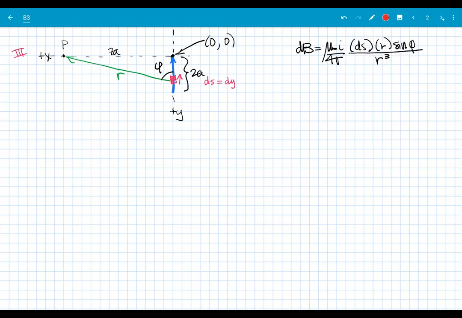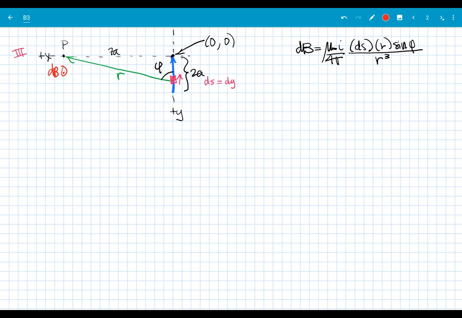So you can say ds crossed with R and do the right-hand rule that way, and that will give you your dB as out of the page. So in this particular problem, the segments either don't contribute or they do contribute in exactly the same direction. It's not always that way. Sometimes you have segments that contribute in opposite directions, and so you need to give them opposite signs in the solution. So pay attention to that.